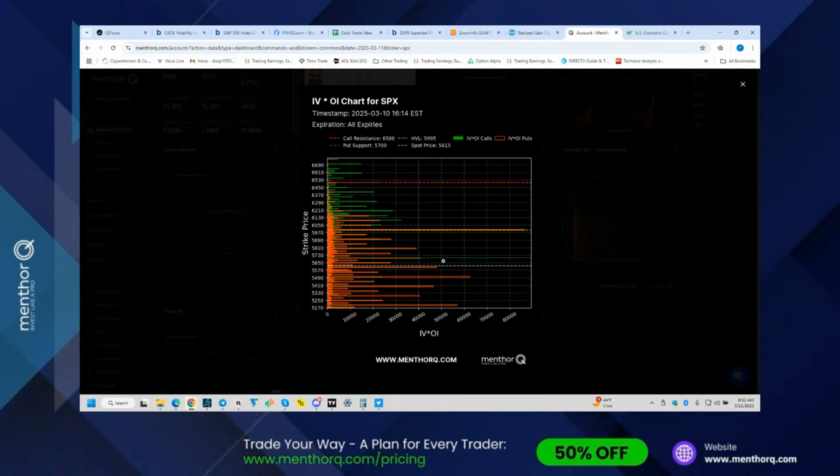And you see we're buried in puts. There's not many calls in here. We have some calls here at 5,700, which is part of what makes it a powerful inflection point. And so over 5,700, then we can inflect a little bit, but these puts, these deltas need to erode. We have to get over it.